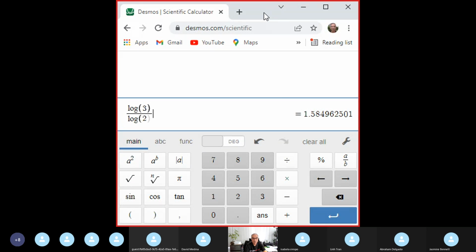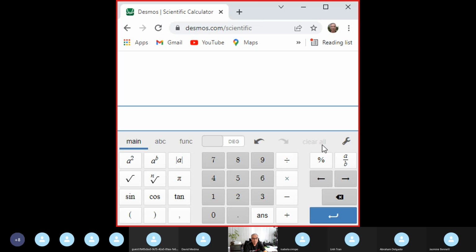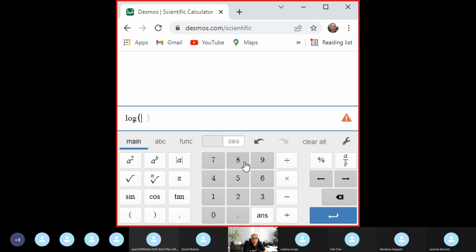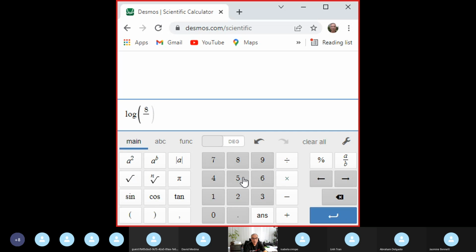Okay, do you see the calculator? Yes. Entonces, I put in the calculator log, what? 8 over 5, a division 5 inside the parentheses. And outside the parentheses, you put division again.